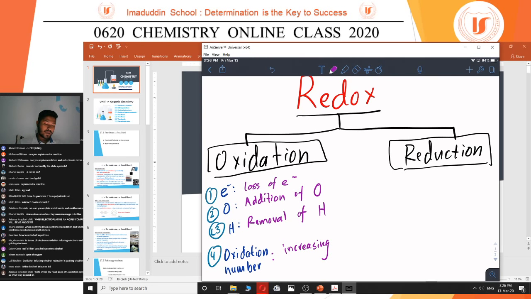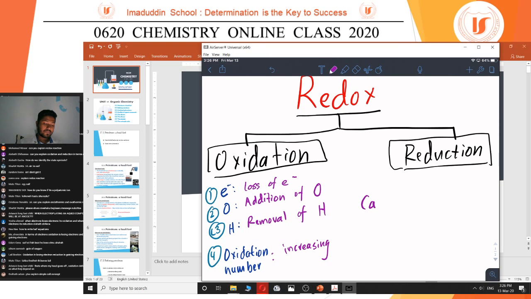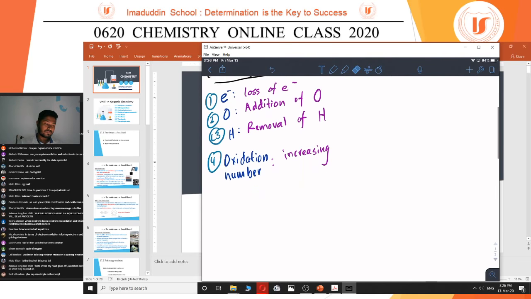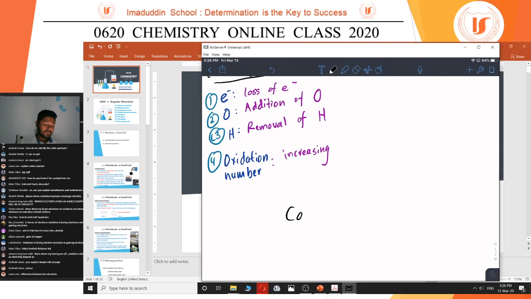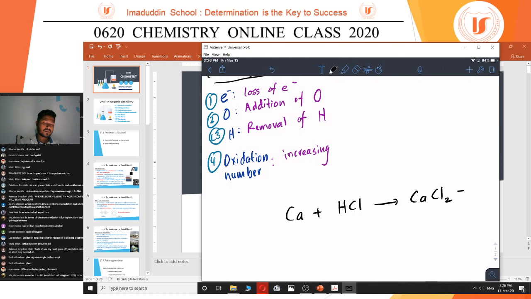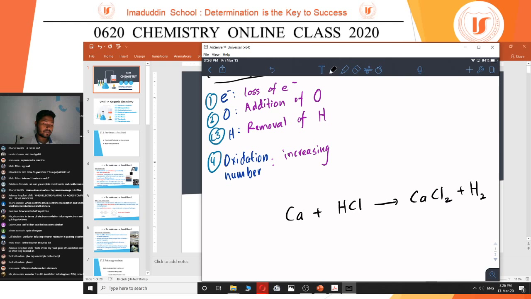And in a reaction, for example, let's write the equation a little bit down: calcium plus HCl giving rise to calcium chloride plus hydrogen.